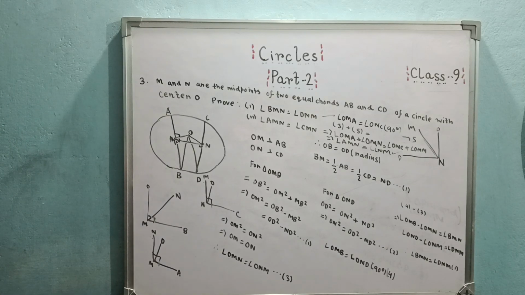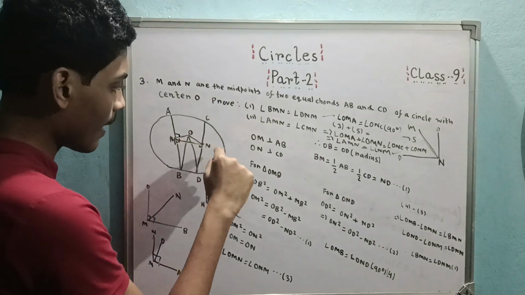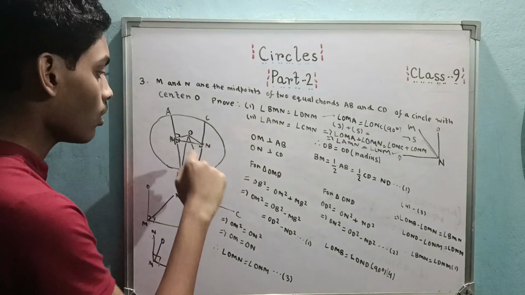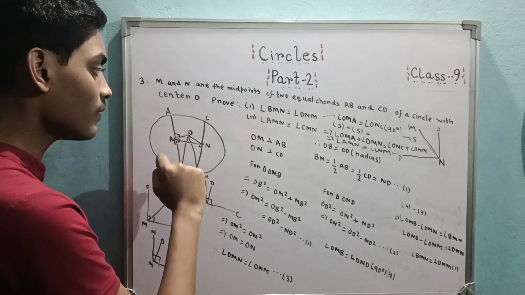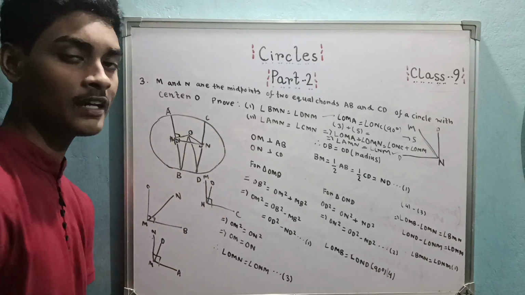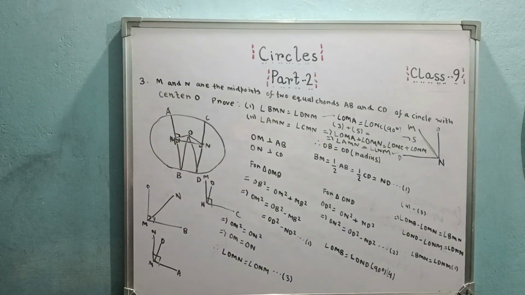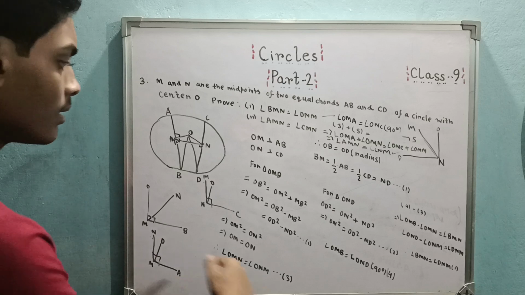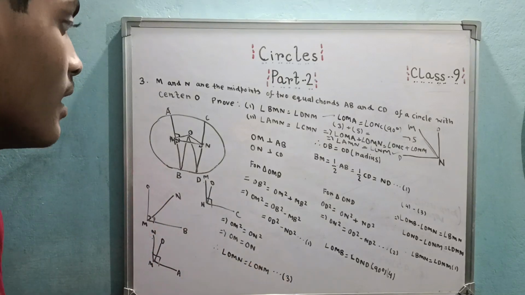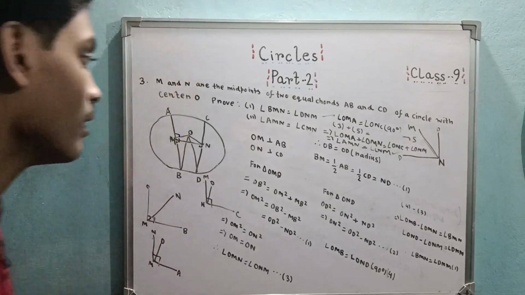And that is another property we learned: if two lines are equal, then the respective angles on the segments are also equal. It is OMN equal to ONM. I kept it as equation 3.